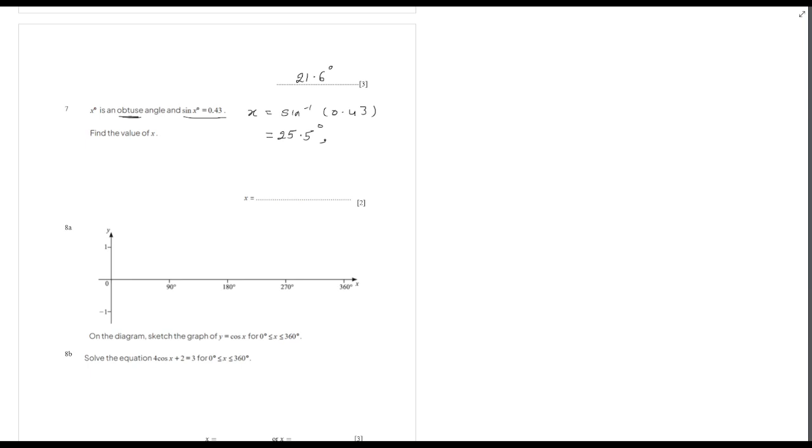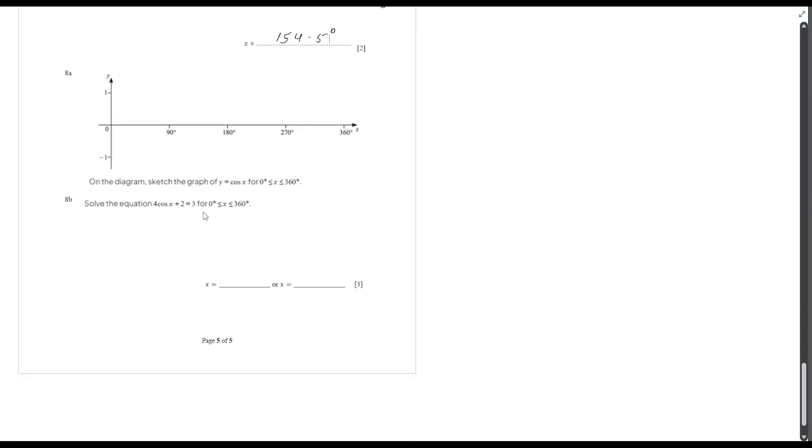For sine it is your angle and 180 minus angle, so 180 minus 25.5 degrees. As an obtuse angle is asked, my answer is 180 minus 25.5, which is 154.5. My answer for x will be 154.5 degrees.